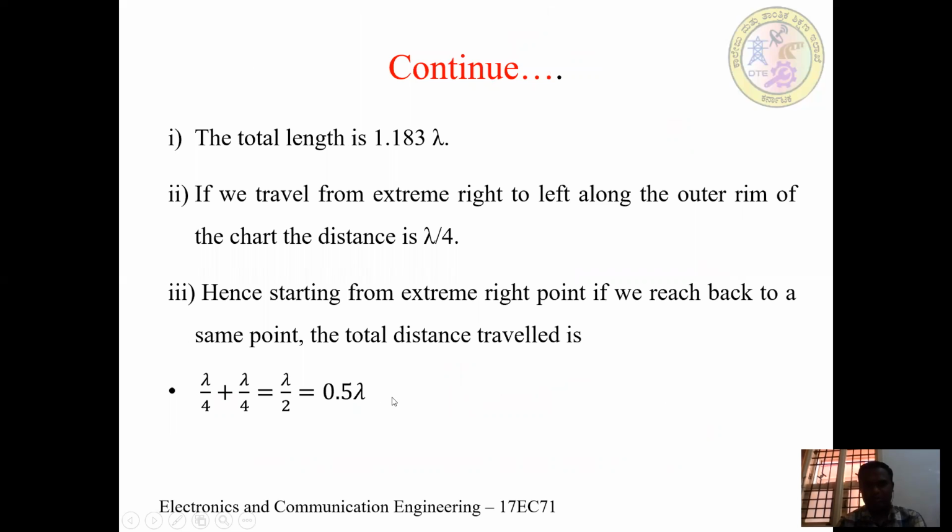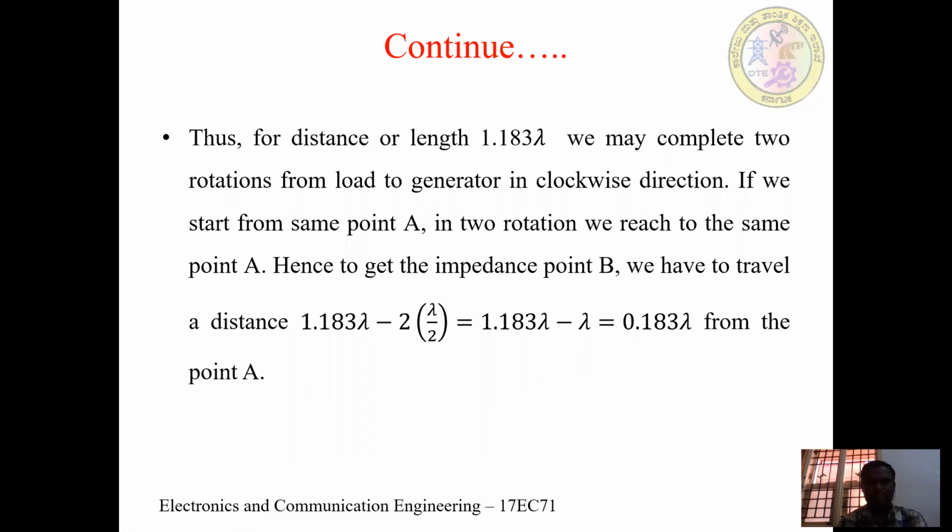So that gives the total lambda by 2, that is 0.5 lambda. Starting from the extreme right point, if you reach back to the same point, the total distance traveled is 0.5 lambda. One circle, clockwise or anti-clockwise, gives you lambda by 2 distance.